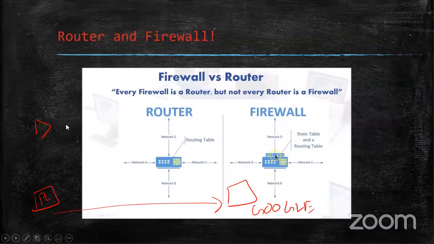What do you think? What is the first thing that the router would do? Will it check the destination, or is it going to check the routing table? Okay. Destination prefix. Okay, good.